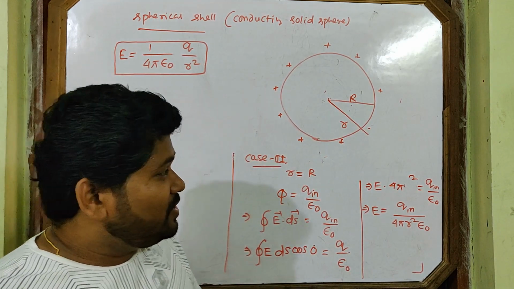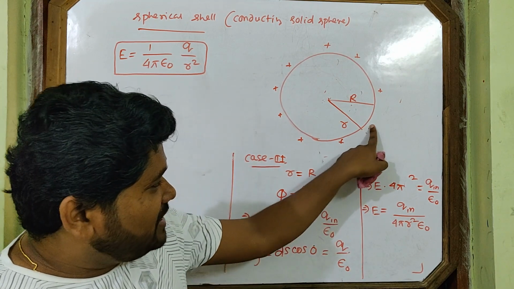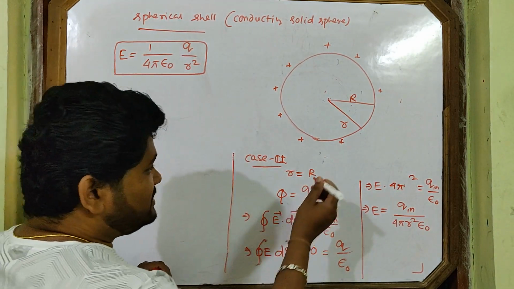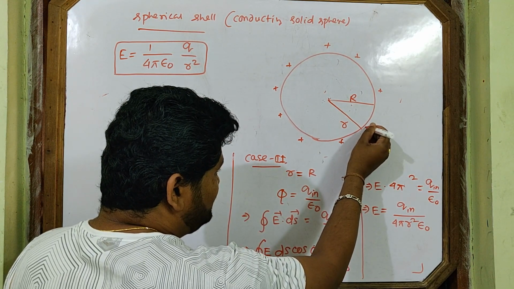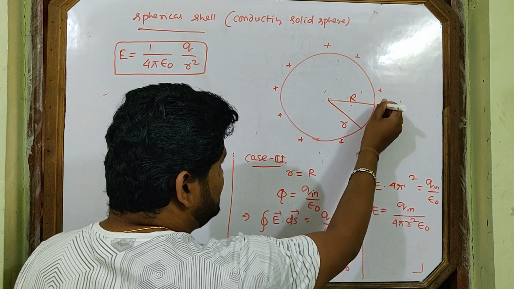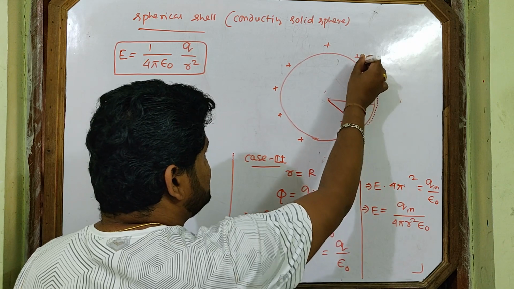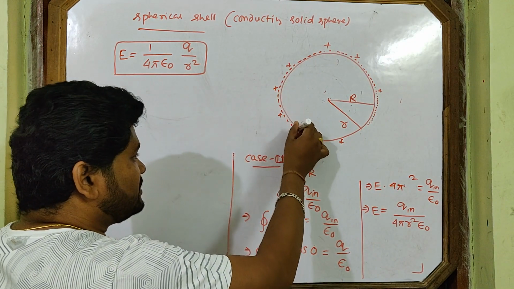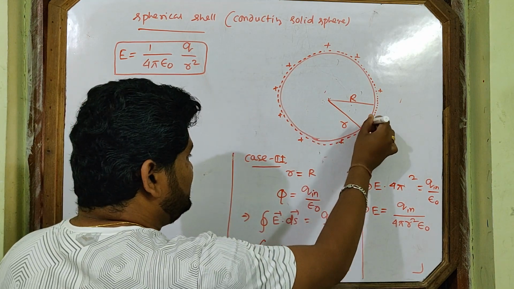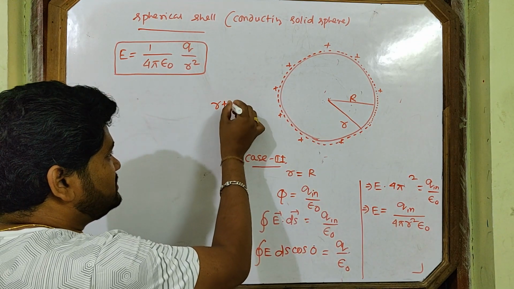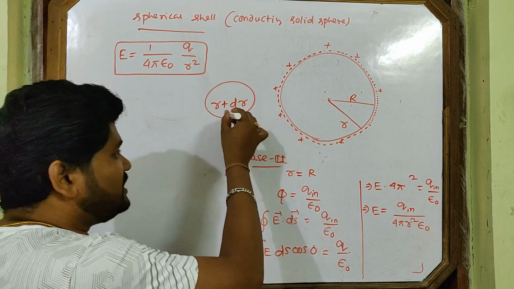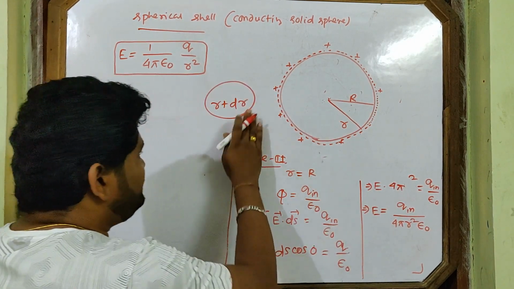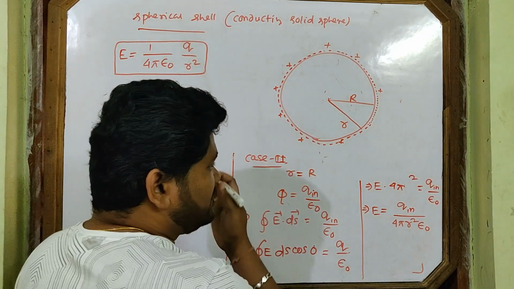Okay, I am telling you, in this case when you consider the Gaussian surface, you have to take the Gaussian surface just above the surface of the conductor. Just above the surface of the conductor, you have to take the Gaussian surface. The radius is R plus dr, a very small, little increase of radius you have to take at that time.